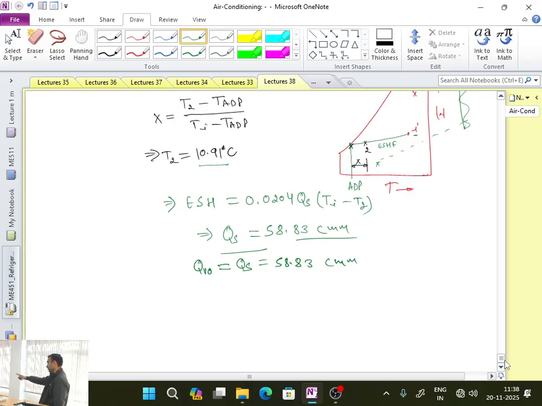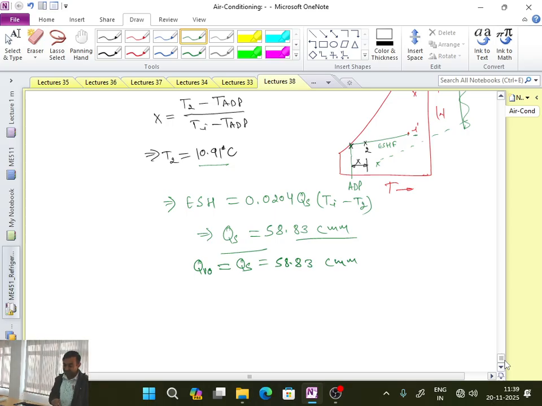Is this one clear? Why? This 58 will only be satisfied if I am able to maintain the same state. To maintain the same state, if I increase the quantity, I must decrease the ADP of the cooling coil. Is this point clear or not? This is an interrelated concept, so you should be able to understand this.